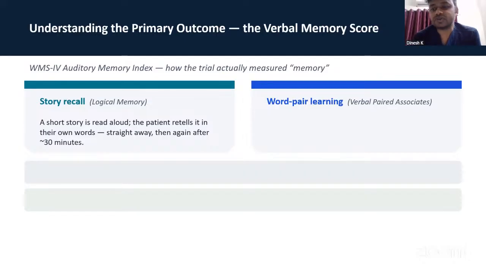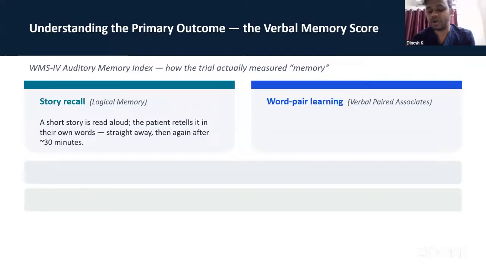Coming to the verbal paired associate, for example, if the neuropsychologist says doctor, the paired word is stethoscope; river, boat, something like that.